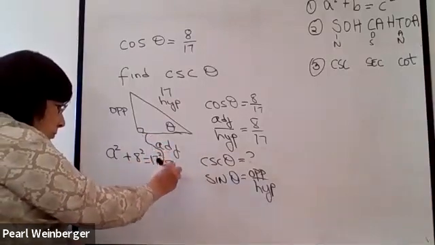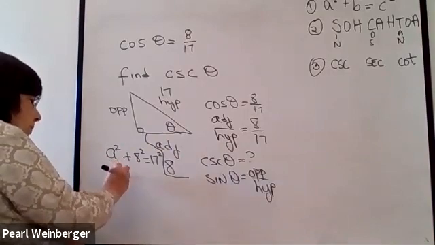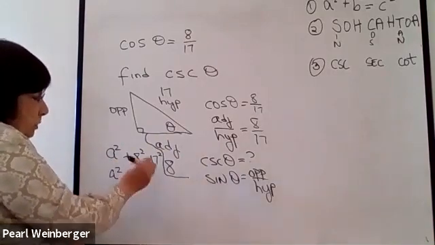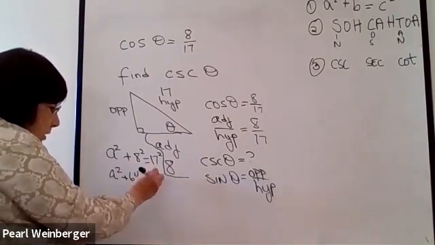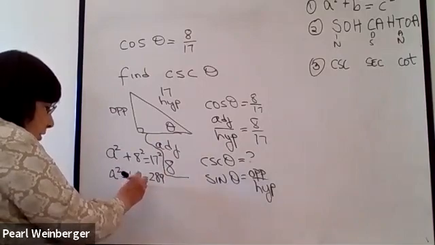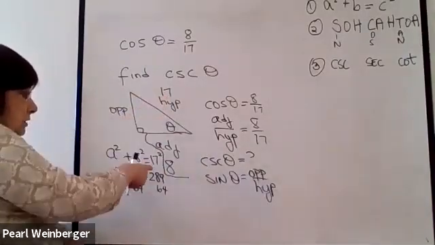So this becomes a squared plus 64 equals 17 squared. I think it's 289. And I have to bring the 64 to the other side because the 17 was the c squared.